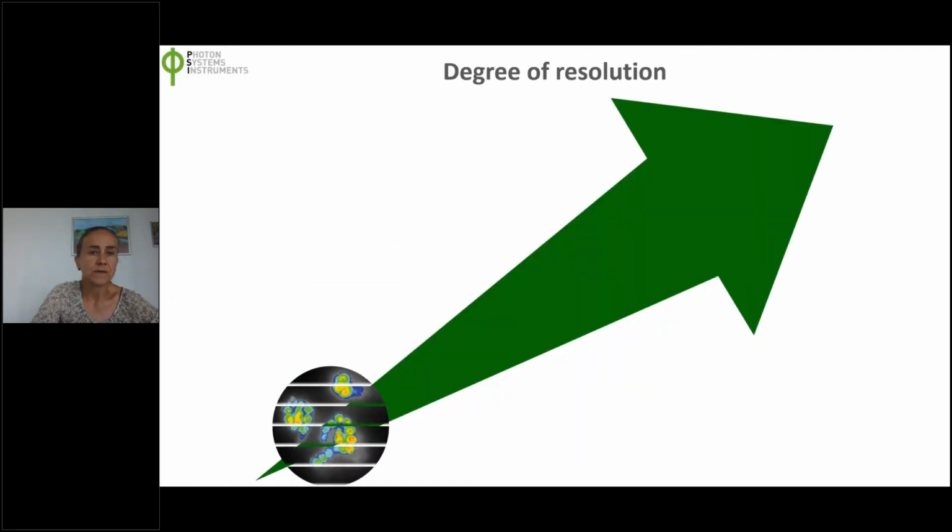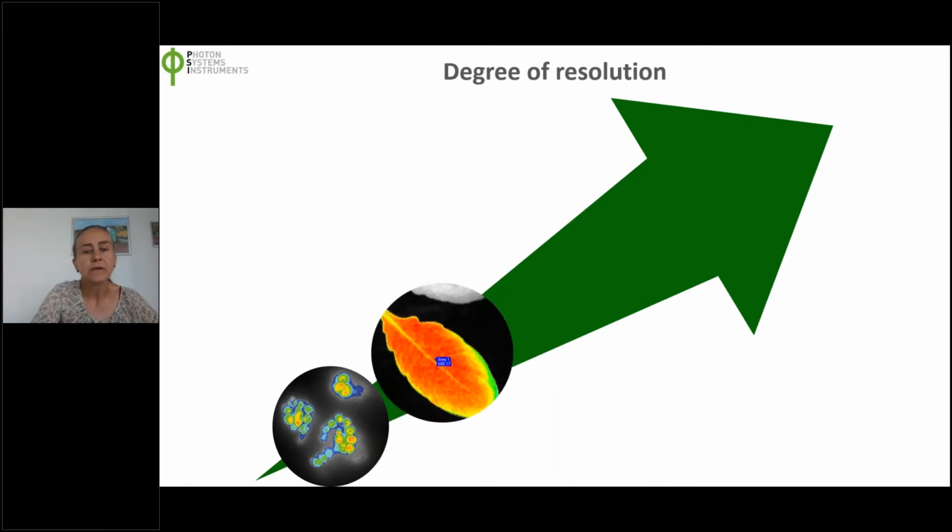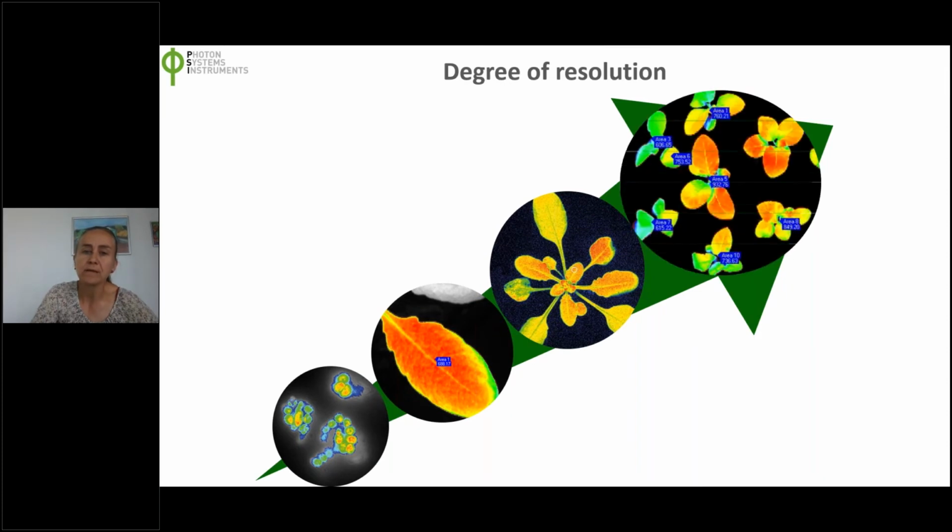And I would say today we can really find solutions which go over the entire scale of resolution, where we can go from single cell measurements, as shown by Tracy, basically on single cell level, over single leaf level, single plant level, up to populations, we could say, of plants.